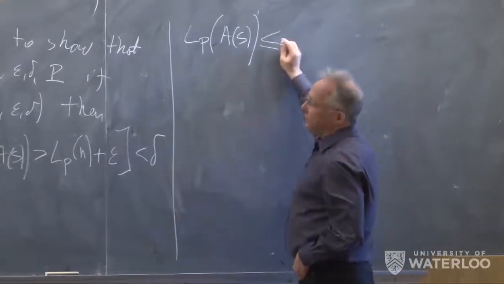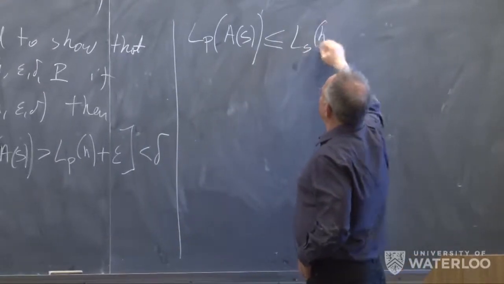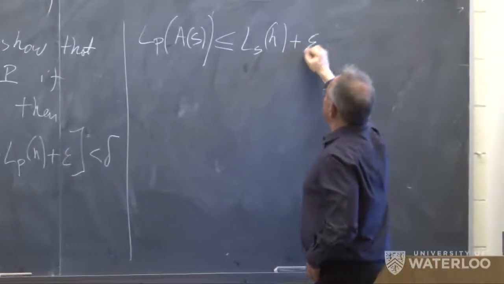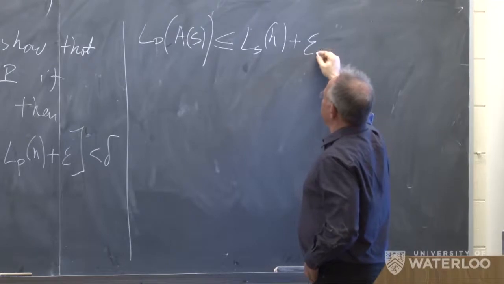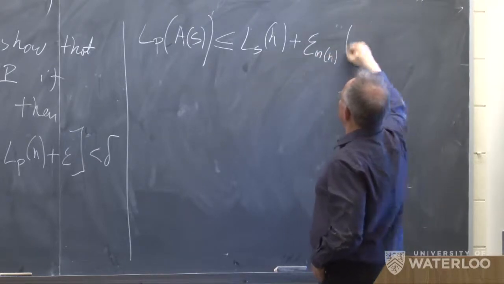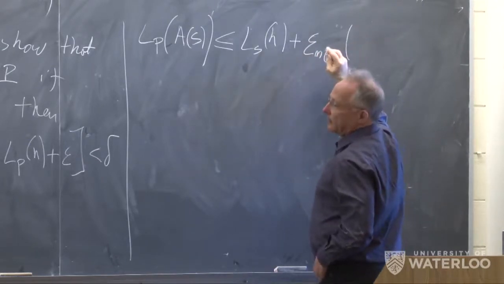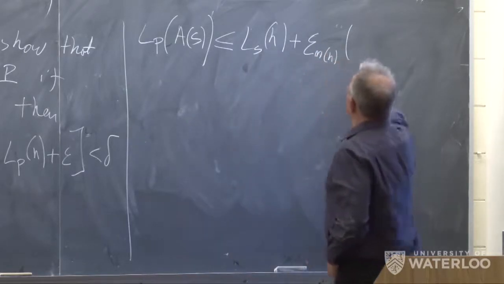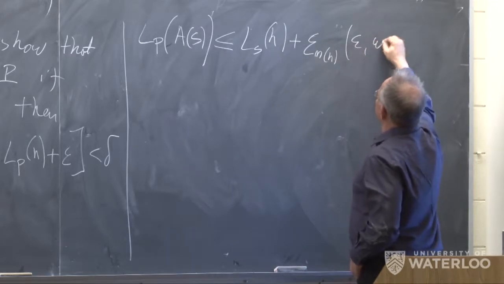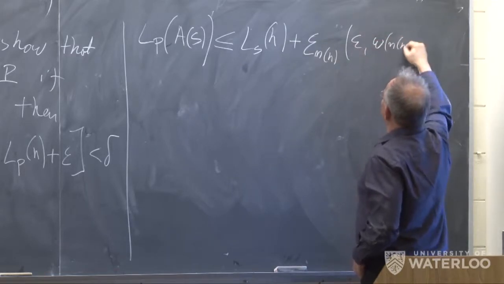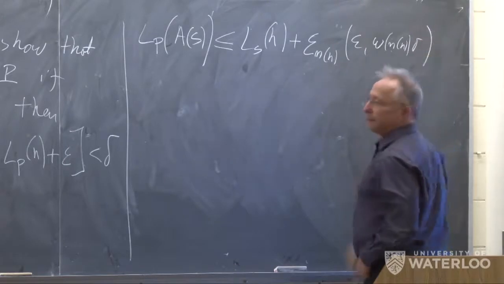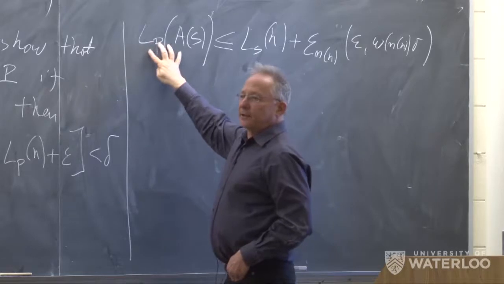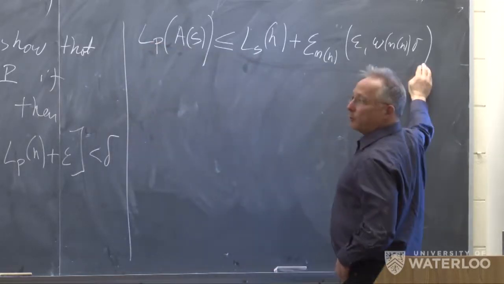So it is at most L_S of this h plus this epsilon of n of h. I'm minimizing this bound, right? So I'm just copying this bound, epsilon, w of n of h times delta. I picked an h star that minimizes this bound over all h's.